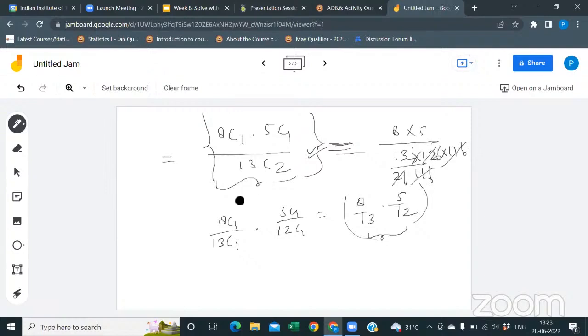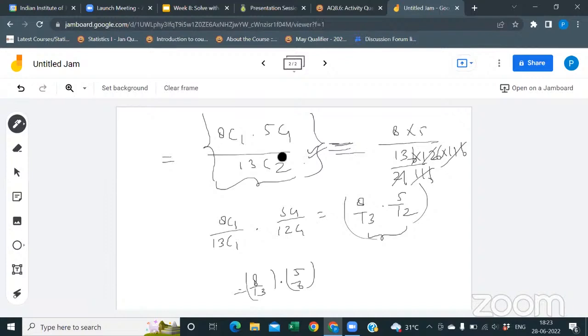I'm selecting 2 balls from the total of 13. So that's why I used the product of these two, and I divided by the total.